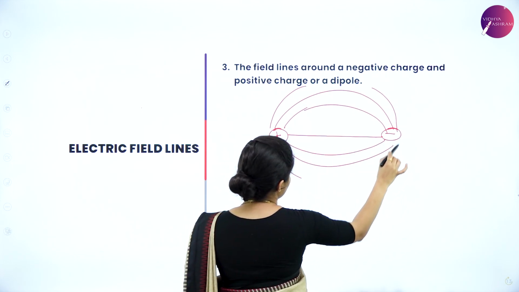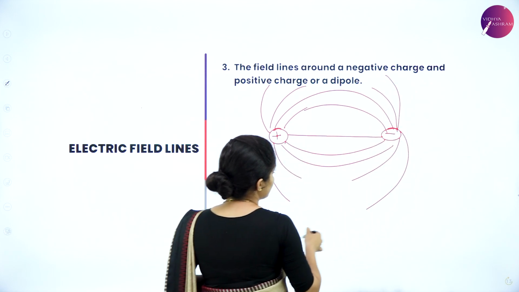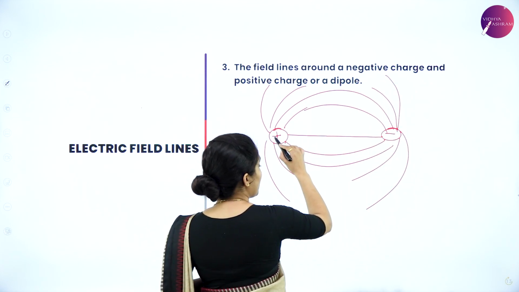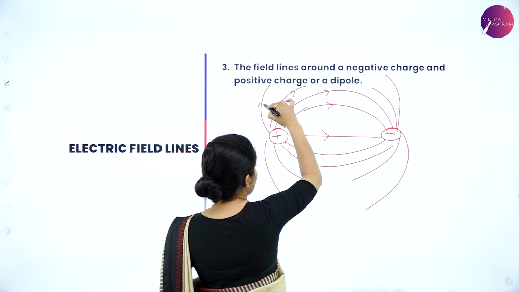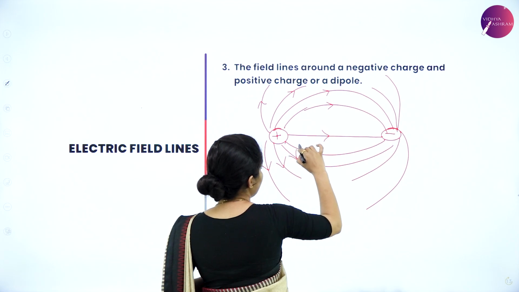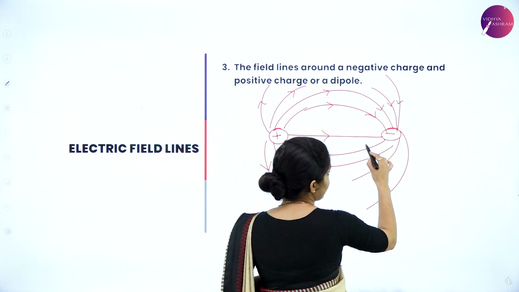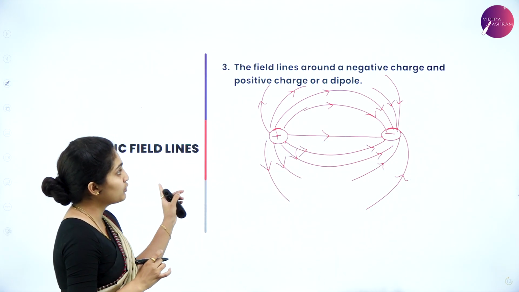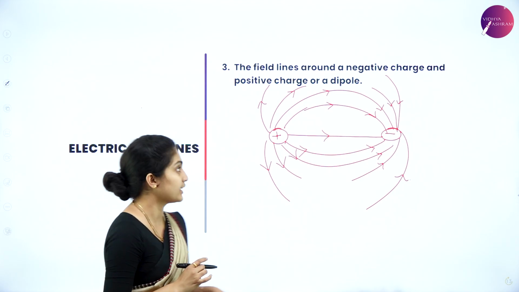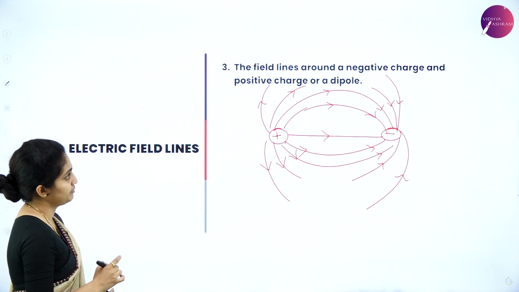In a surrounding version, we have this connection, which is the connectivity of these charges. Away from positive charge, away from positive charge, towards negative charge. Always the field lines move away from the positive charge towards the negative charge. This is how we draw the field lines in the case of a dipole.